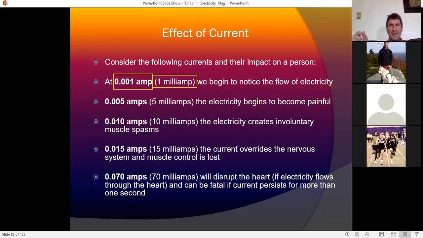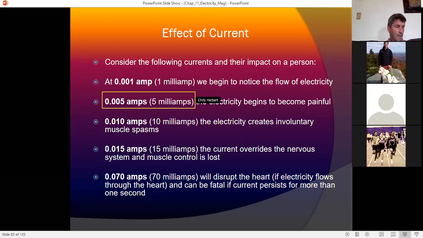Well, it doesn't take long. Increase the current more and more, and the tingling sensation becomes greater and greater. Eventually, it gets to the point where it becomes painful. At 0.005 amps, or 5 milliamps, that tingling sensation starts to hurt, starts to feel like pins and needles.